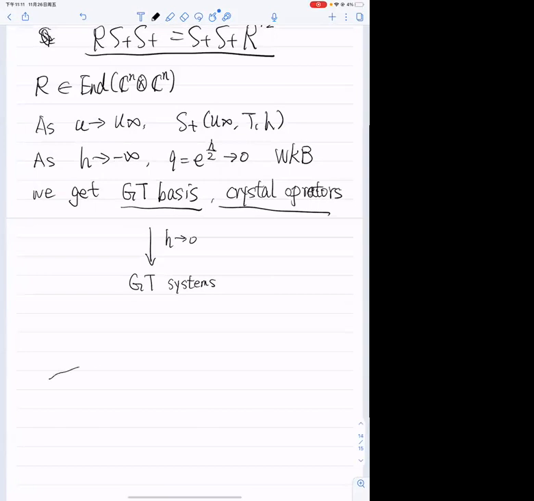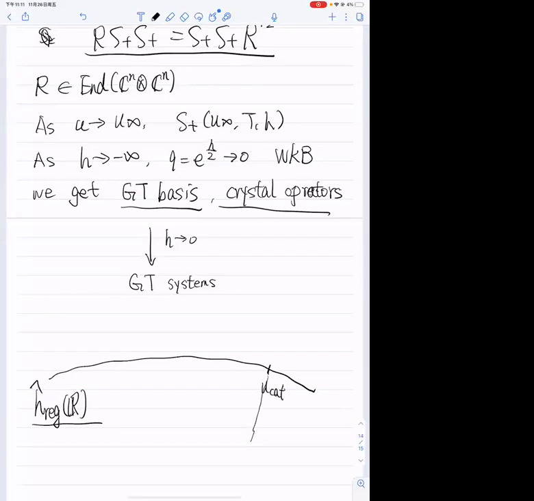So basically, the space is the compactified H-hat. What I computed is at the caterpillar point, where the WKB approximation gives you this Gelfand-Tsetlin basis and the crystal operators on it. Actually, for any U you should also get this basis and the crystal operators, though there is some analysis issue, as I said here.